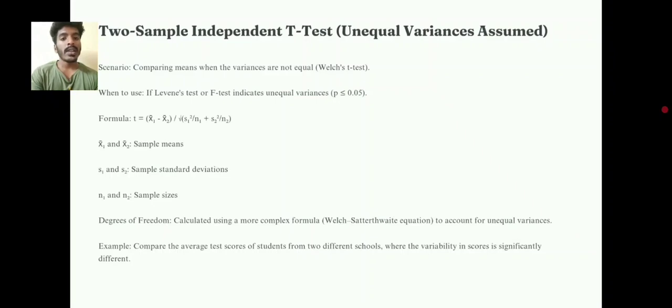X bar 1 and x bar 2 indicate sample means, s1 and s2 indicate sample standard deviations, and n1 and n2 indicate sample sizes. Degrees of freedom are calculated using a more complex formula, the Satterthwaite equation, to account for unequal variances. Example: compare the average test scores of students from two different schools where the variability in scores differs.